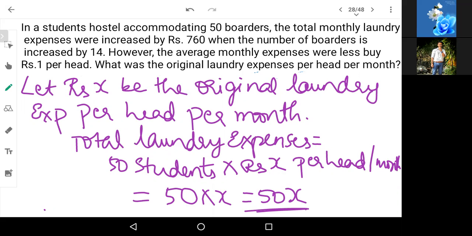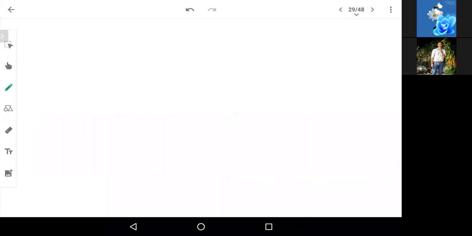Are you all able to follow? Okay. So this is the total laundry expenses.